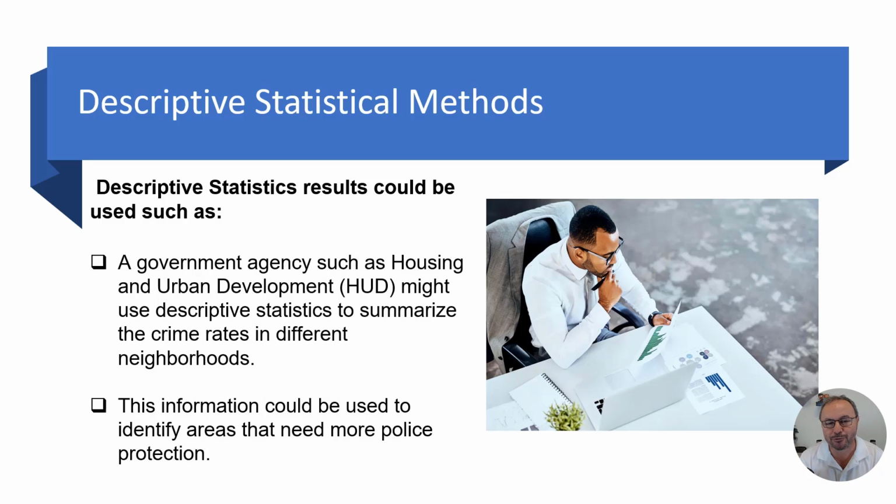When it comes to descriptive statistics, we could, for example, look at housing and urban development. They're an agency in the U.S. that manages housing policy. They collect a lot of data, and they can help, for example, identify areas that need to be improved upon, like police and fire coverage.